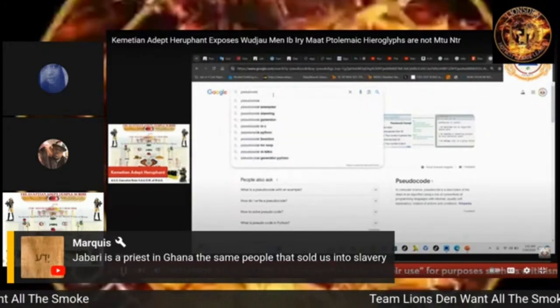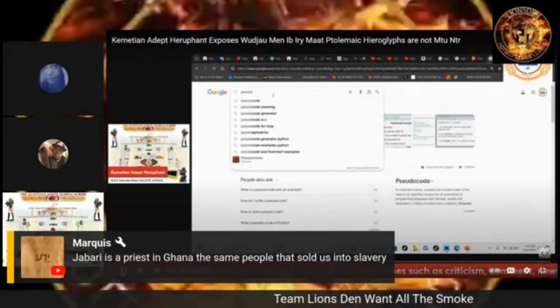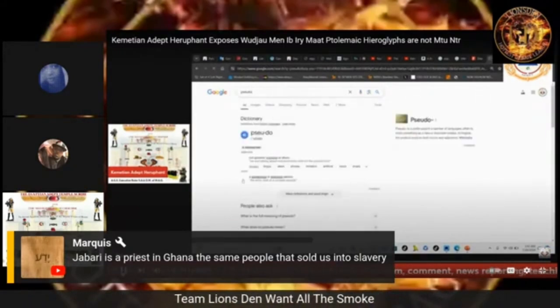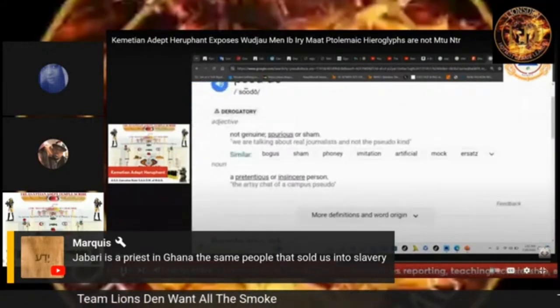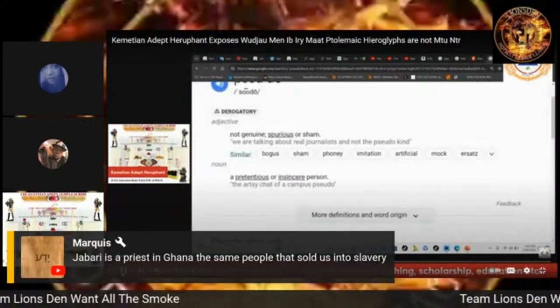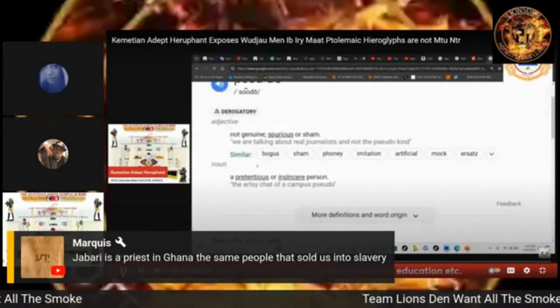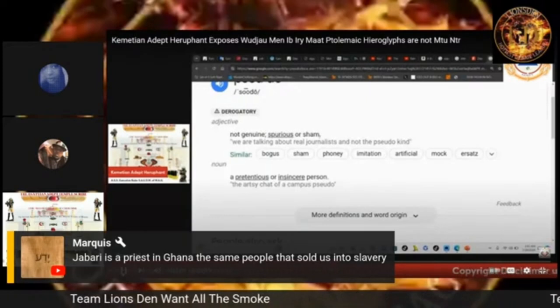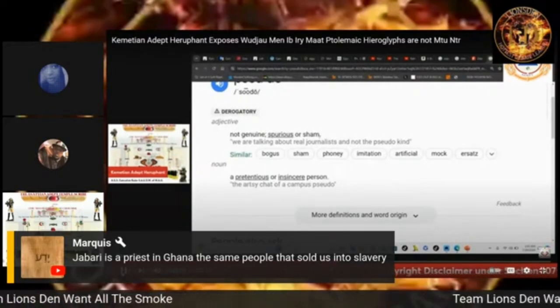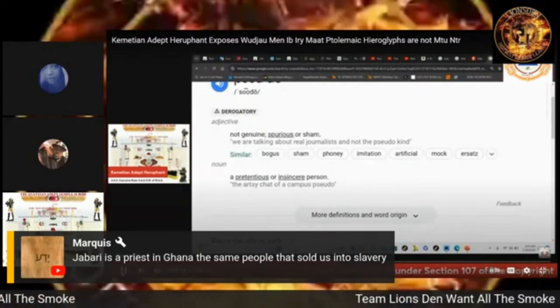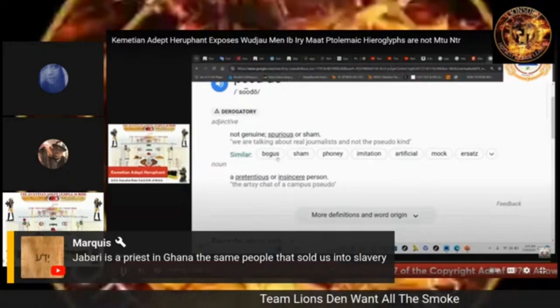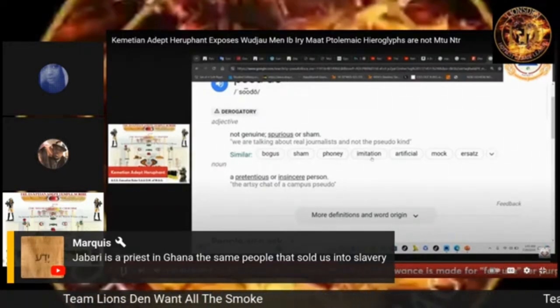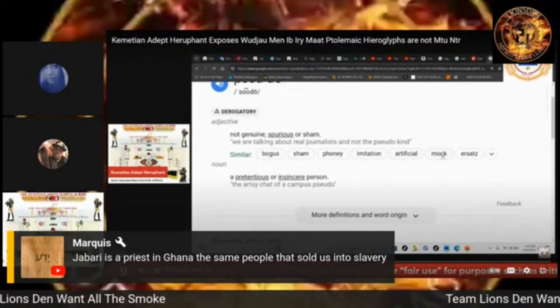That's basically what they've got going on. He just said it's a pseudo alphabet. What is pseudo, people? Not genuine, spurious, or a sham. So what they're calling the Egyptian alphabet, if it's a pseudo alphabet, that means it's bogus, a sham, phony, an imitation, artificial, a mock.